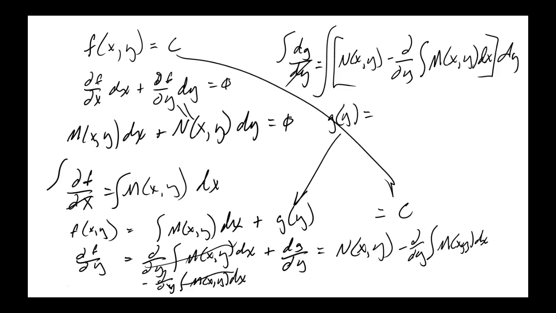You set that equal to c, that's your solution. Not the alpha of x, y, this thing equals c. That's the part that sort of always threw me. I'd stop here and think, well, I found my solution. No, I haven't. I set that function equal to c, that's my solution.